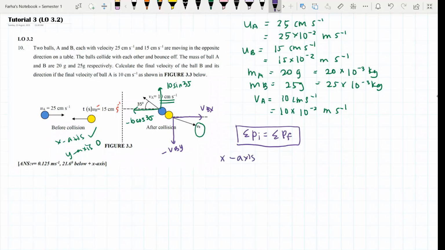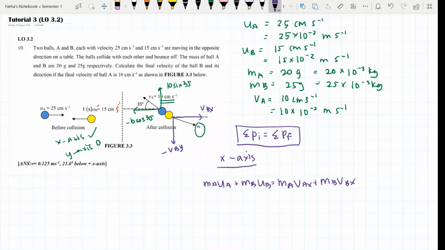Kita perlu asingkan dia x-axis dan y-axis. So bagi x-axis, kita masukkan dalam principle of conservation of momentum, iaitu MA UA plus MB UB equals to MA VAx plus MB VBx. Ini semua melibatkan paksi x sajalah.